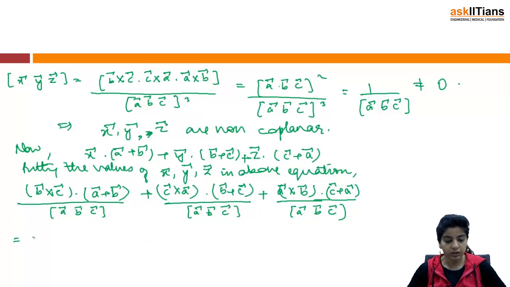So this would be equal to B cross C dot A plus B cross C dot B, upon [A, B, C], which will remain the same.